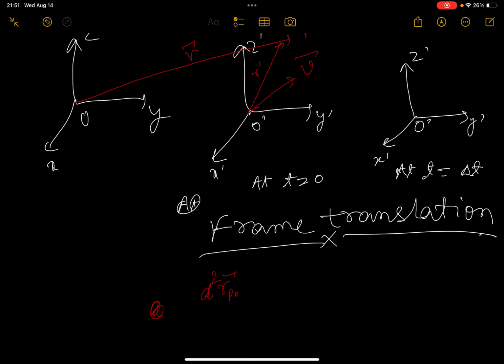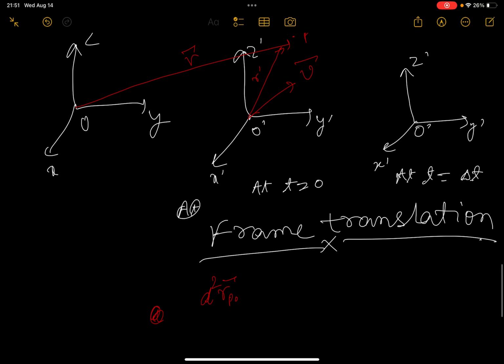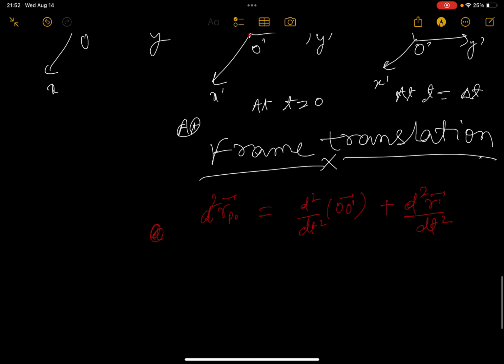This one is a d2 rpo equals d2 by dt square of o dash plus d2 r dash by dt square.